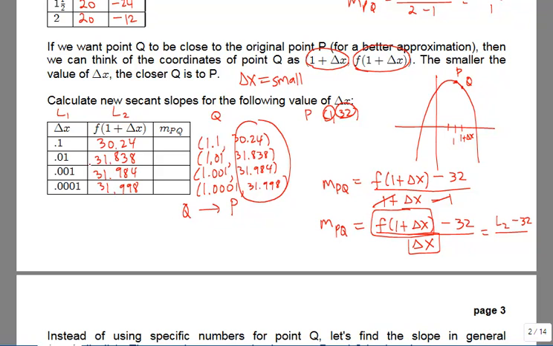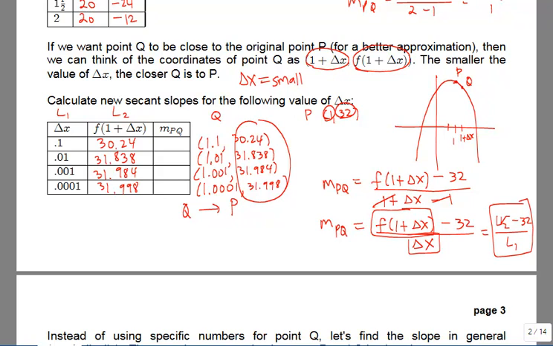And where are the delta x's stored? My delta x's are stored in list 1. So this is the formula I'm going to type into list 3 so the calculator computes all of these slopes really quickly.